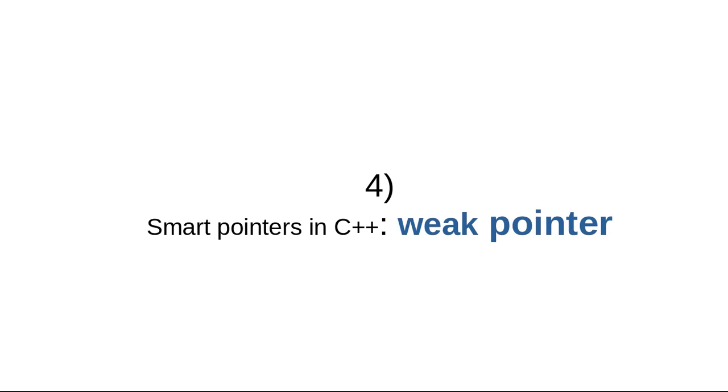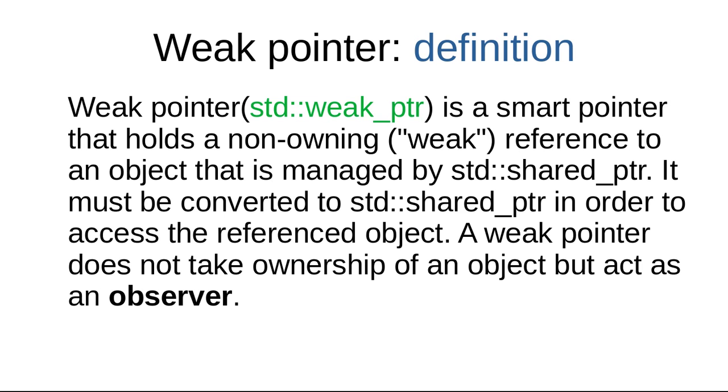The last type of smart pointers in C++ is weak pointer. Definition. Weak pointer is a smart pointer that holds a non-owning weak reference to the object that is managed by shared pointer. It must be converted to shared pointer in order to access the referenced object.